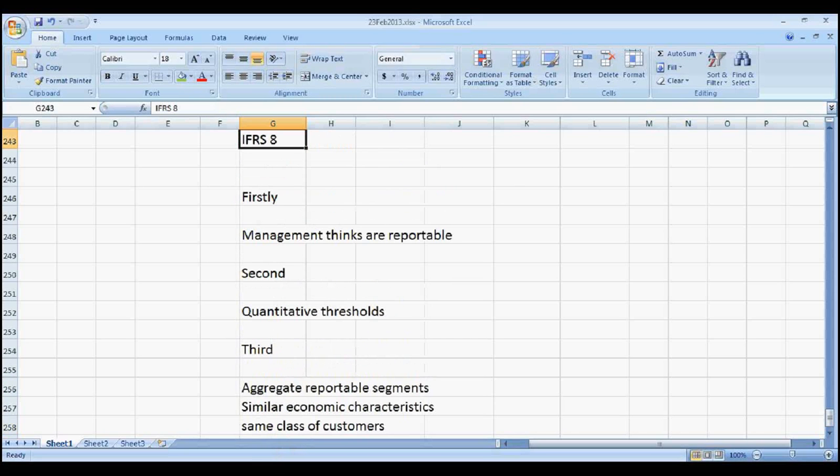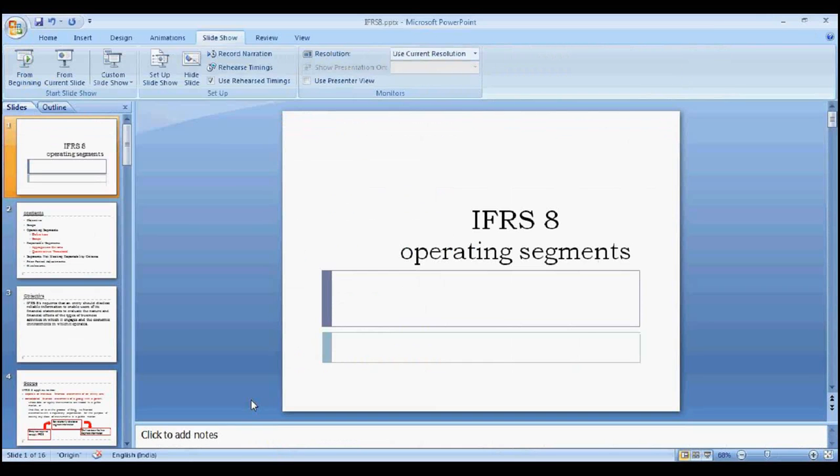So these are the bases we will be using to consider a segment as reportable or not. Just have a look at them.